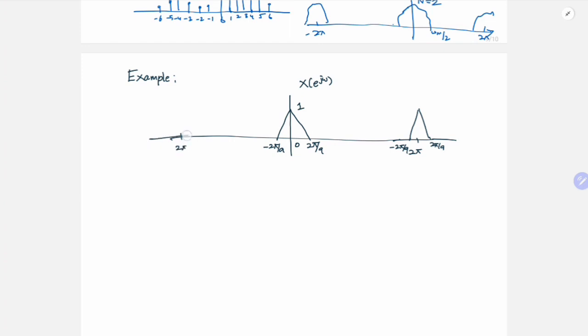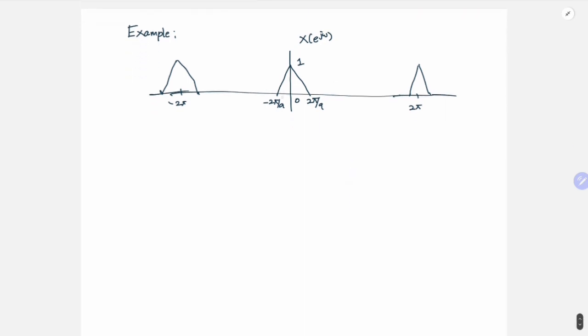So this will be 2 pi plus minus, right? So I am not writing this. So this will be minus 2 pi.